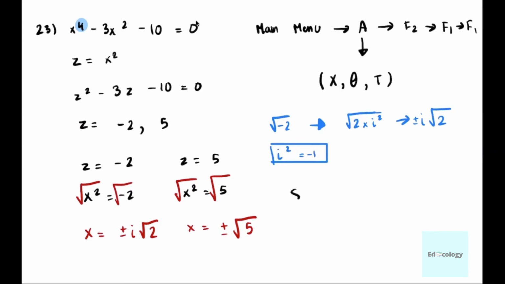And remember that solutions, zeros, x-intercepts, and roots have all the same meaning, okay? They're not different in any way, shape, or form. So these are all the same, okay?